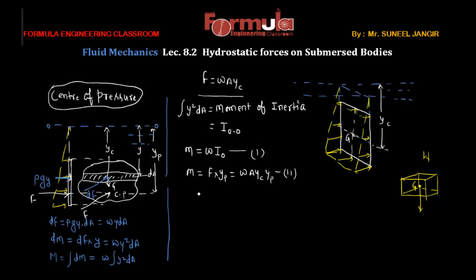So we can write W A yC yp will be equal to W I naught, or I O, you can say that. So from here we can write what yp is. Obviously W cancels out, so yp will be equal to I naught divided by A yC.